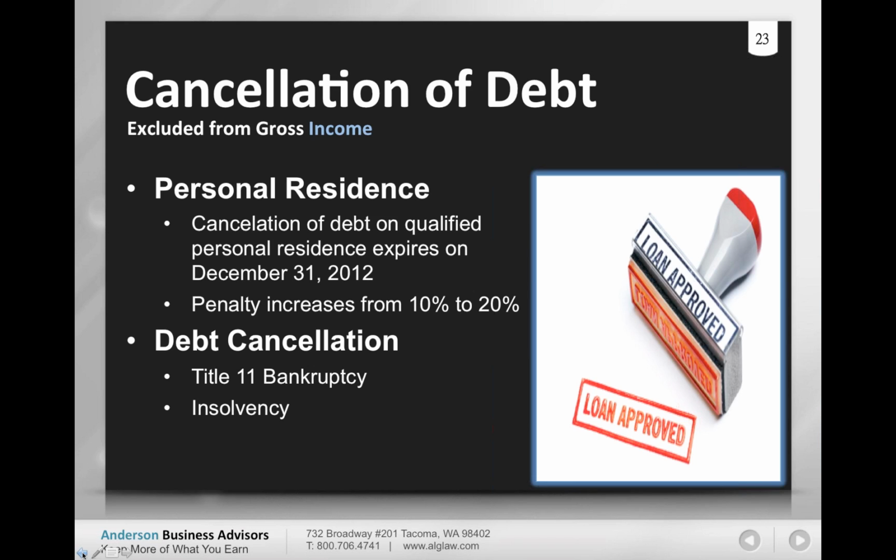When I was looking at this, the cancellation of debt on a qualified personal residence: remember, if you had a personal residence and you were foreclosed on, whether you get a 1099-A, which is for the abandonment of the property, and/or a 1099-C, which is for the cancellation of debt, you will have a 1099-C for the cancellation of debt given to you at the end of the year.